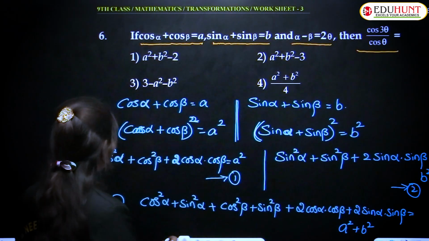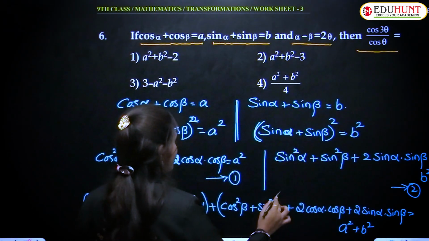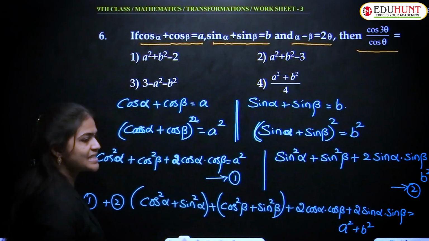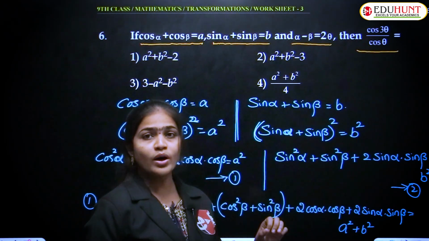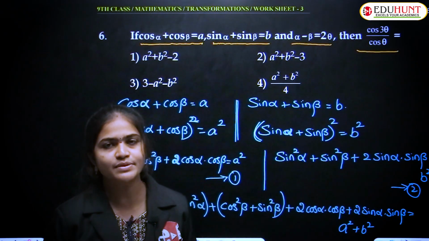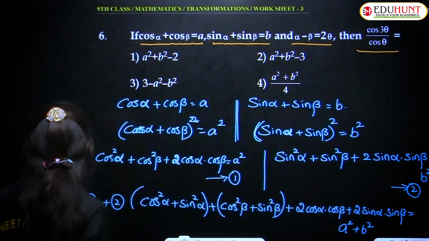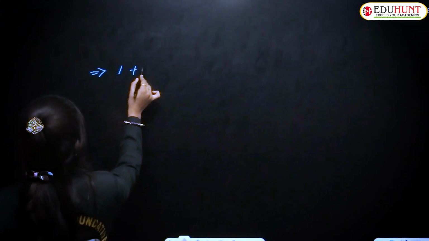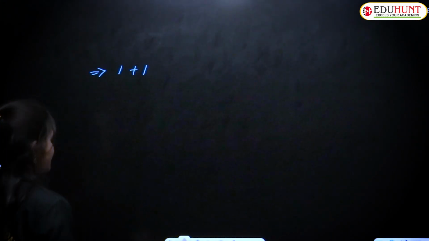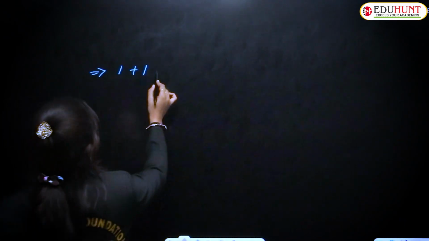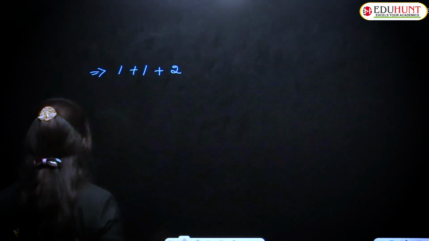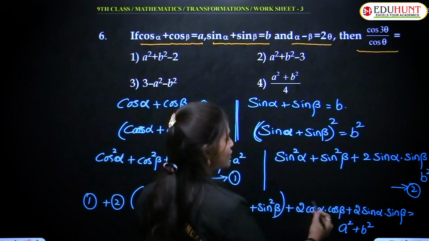So children, here I am taking together these 2 terms. Here cos square alpha plus sin square alpha, and here also cos square beta plus sin square beta. What is the value of cos square theta plus sin square theta? 1 only, no? So it is 1, plus 1, and in these 2 terms we are having 2 as common.